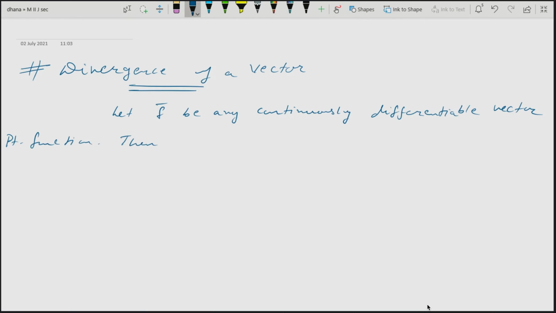Then i cap dot dou f bar by dou x plus j cap dot dou f bar by dou y plus k cap dot dou f bar by dou z is called the divergence of f bar and is written as divergence of f bar.